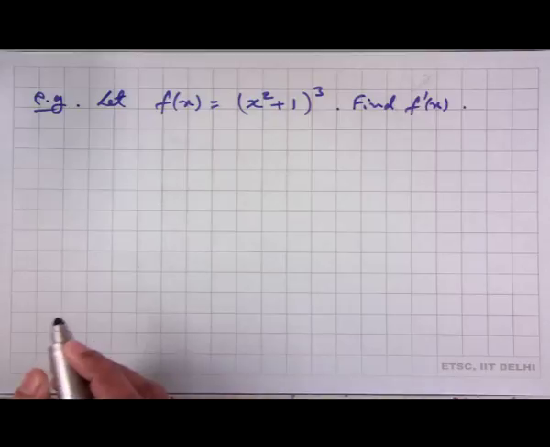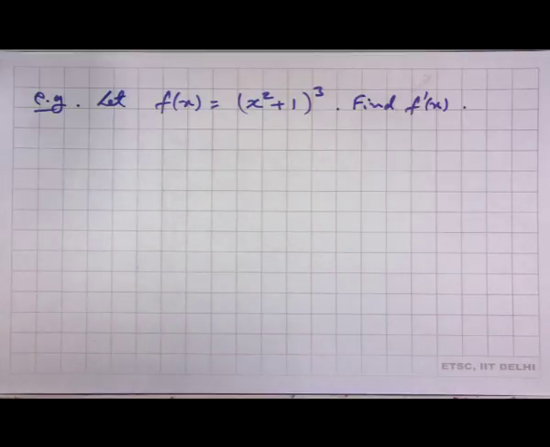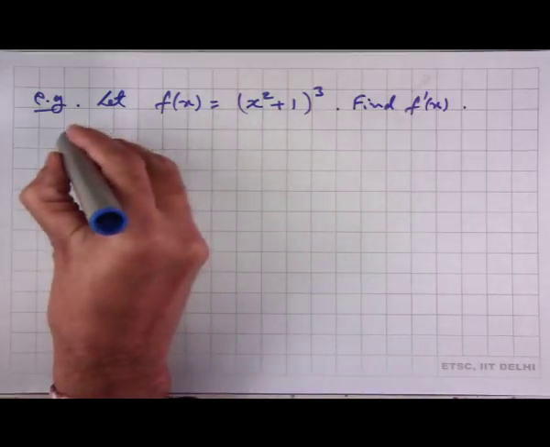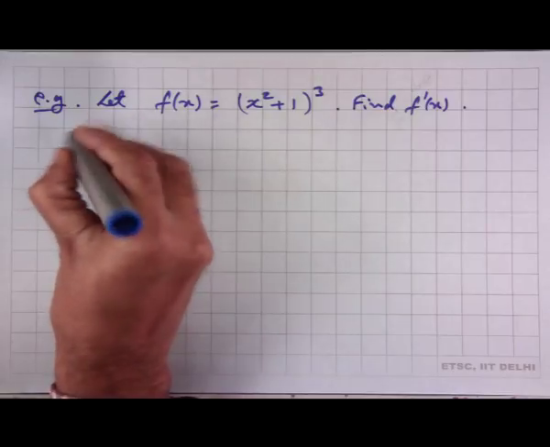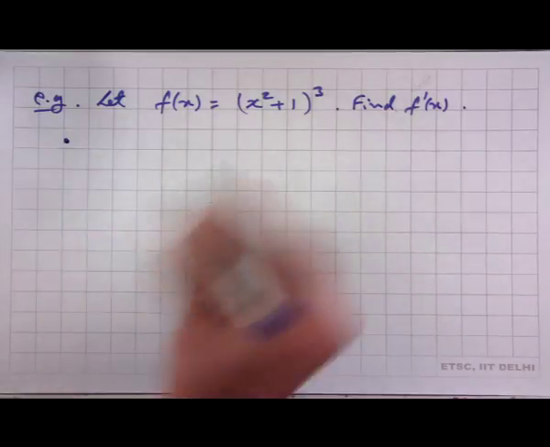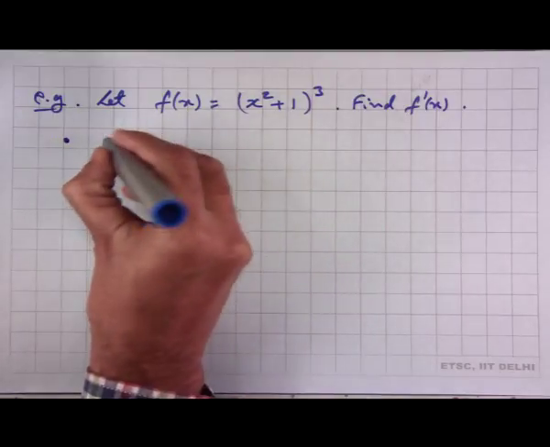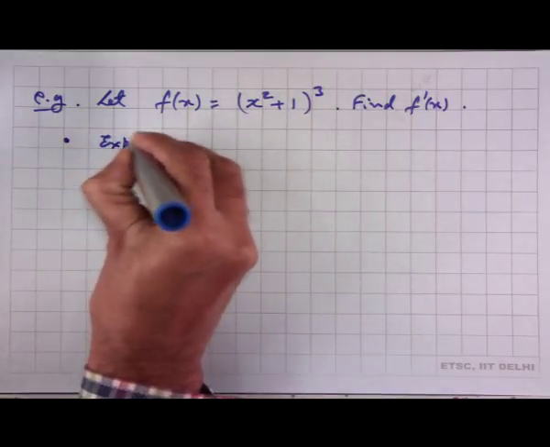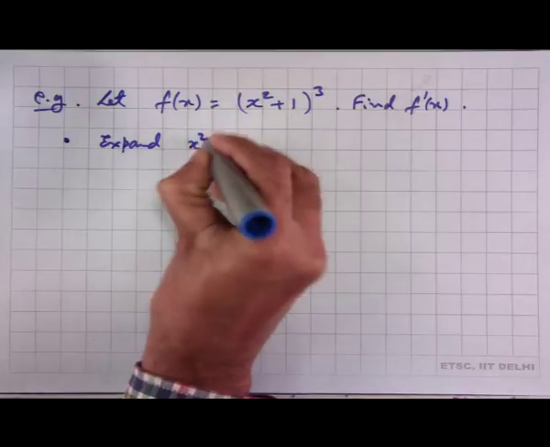Right. So, what are the ways you can do this? One way is that you can expand x square plus 1 cube.